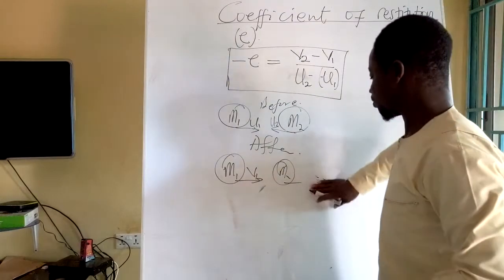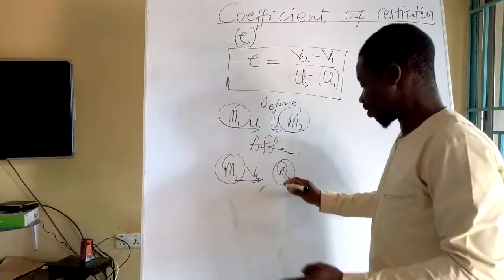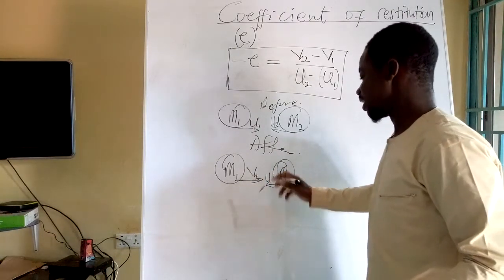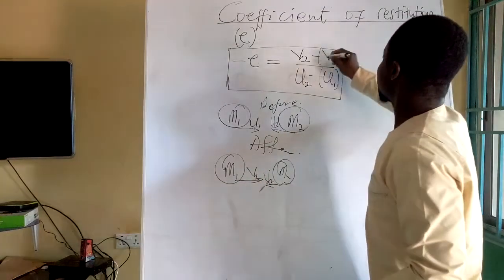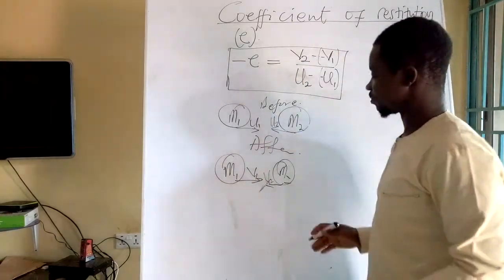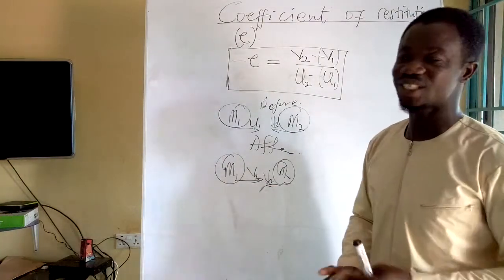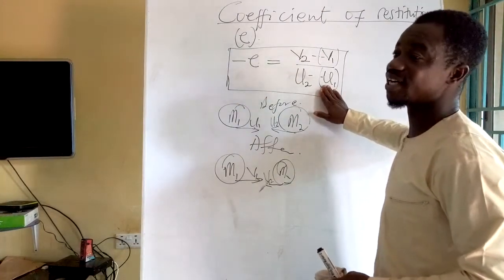If in a situation whereby they collide, which is hardly possible, after collision they move like this, let's take it that that can also happen, V2, then it means that this velocity too will have to be negative. But this one doesn't really happen. Most of the time it happens with the initial velocity.